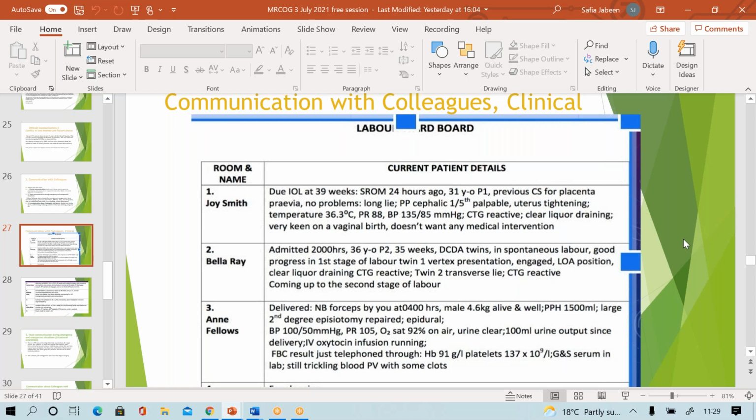But if for any reason they are tired, or not quite 100% on it, you should follow that and ask for that particular information, to make sure you are fully aware of your patient to start your shift, before you go and see them in detail later on your ward round or labor ward round.